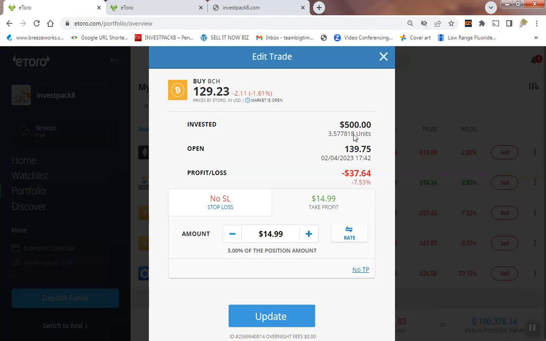Okay, so I got 3 point X amount units of Bitcoin, and this is what I'm trying to get: $139.77. This would appear here. That would be when this whole trade, or this whole order, is over.